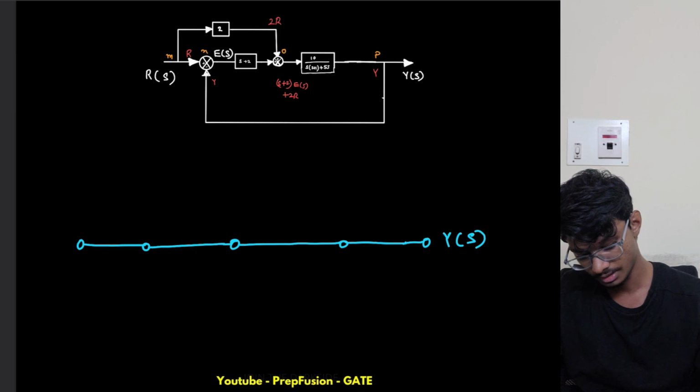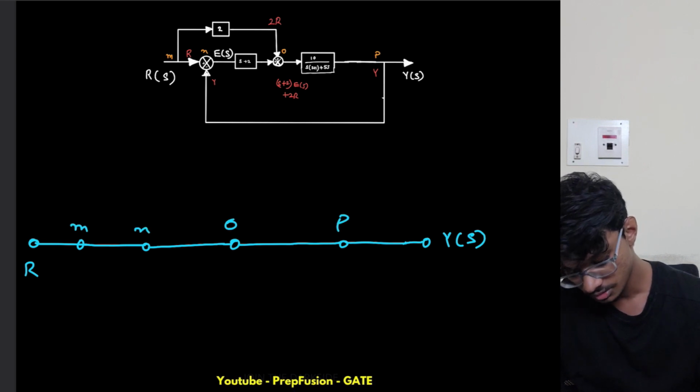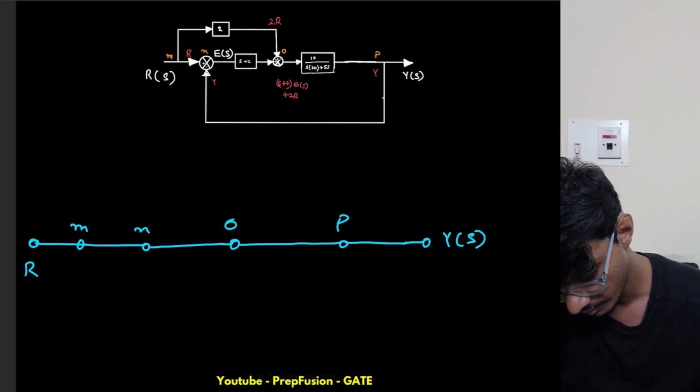Okay, this is M and O. Okay, we have another node also. This is R. Okay, this is M, N, O, and P. So from M to O we have a gain of 2, right?